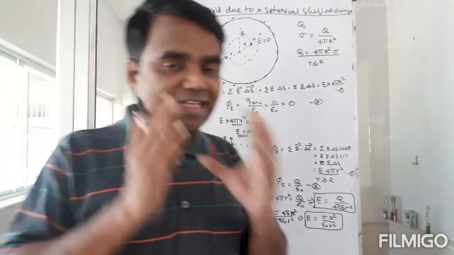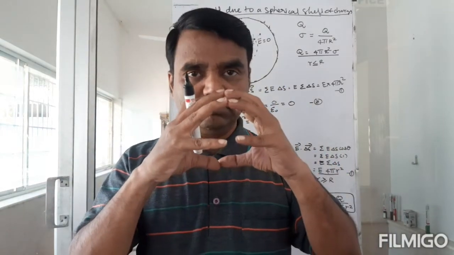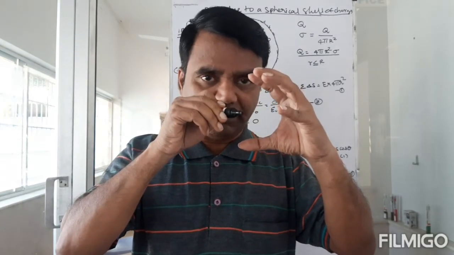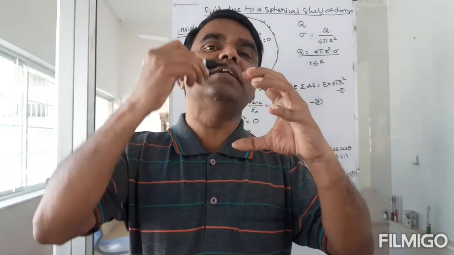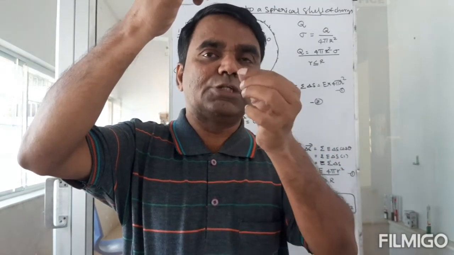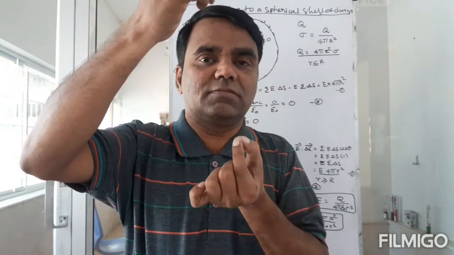So the takeaway from this is that if I have a spherical shell of charges, then for the points inside the shell, there is no electric field. But for the points outside the shell, it behaves as if all the charges were concentrated at the center.